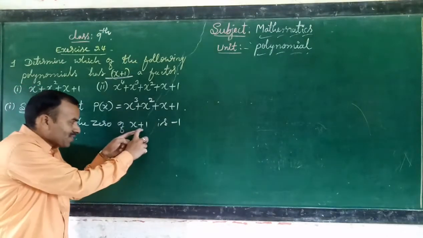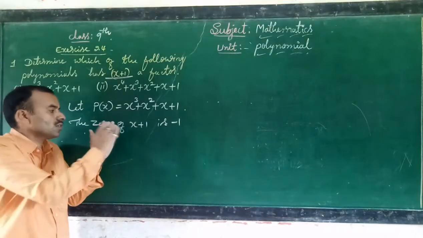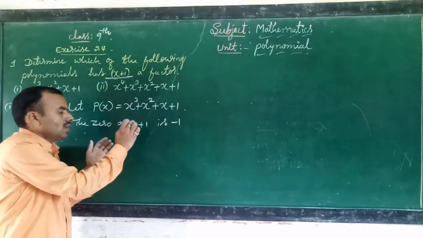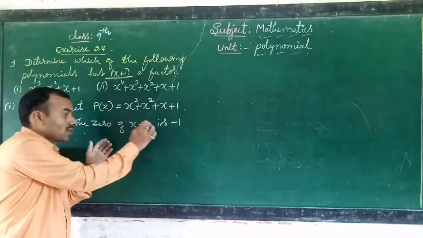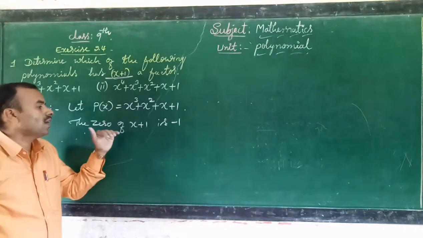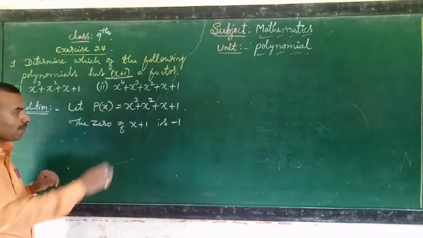If we consider x plus 1 is equal to 0, just transpose, it becomes minus 1. If there is x minus 1 equals 0, if you transpose, it becomes plus 1. Just simple. And now put minus 1 in the place of x in the polynomial.